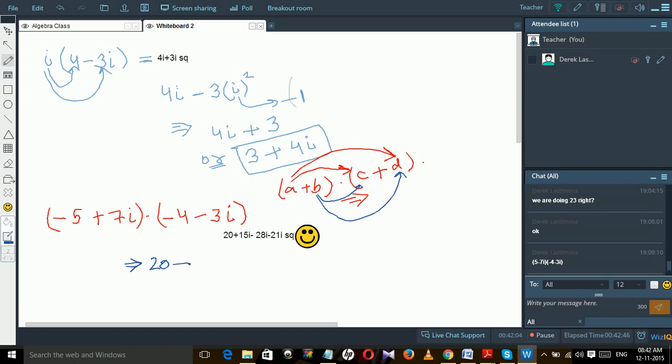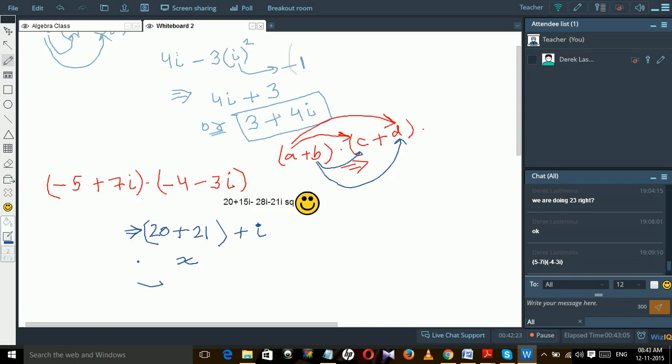So this comes out to be the real part, that is 20, and when you multiply 21 with iota square, that is -1, that comes out to be 21, correct? So 20 plus 21, plus, I'm writing it in the standard form, x plus iota y.